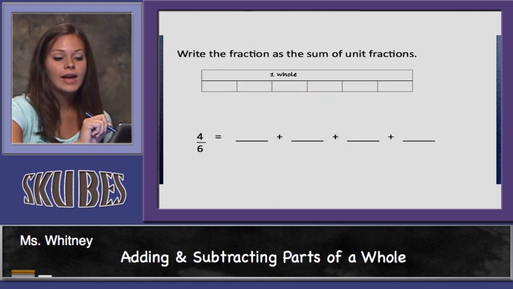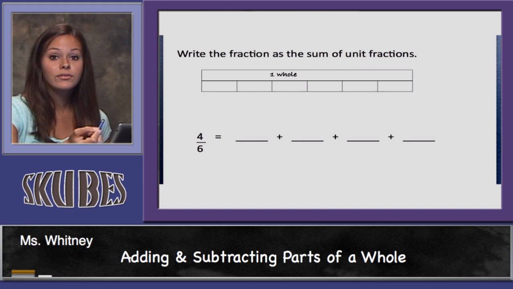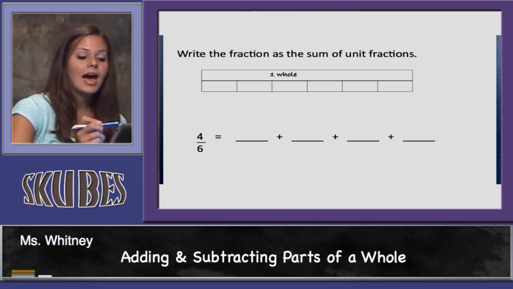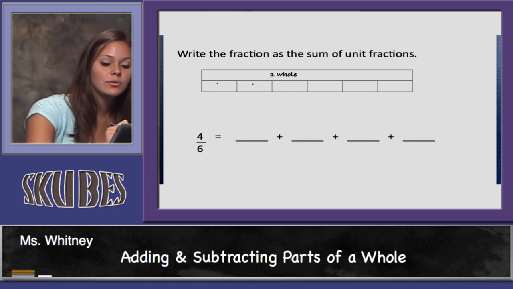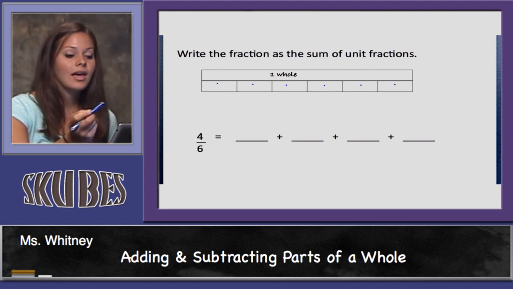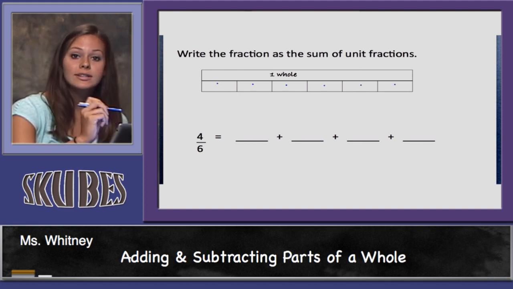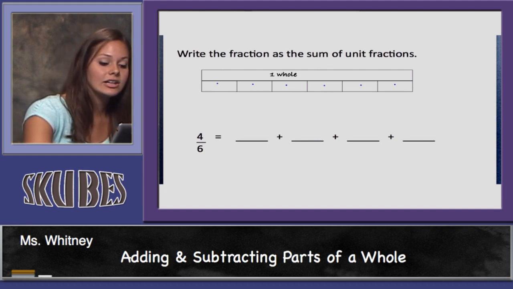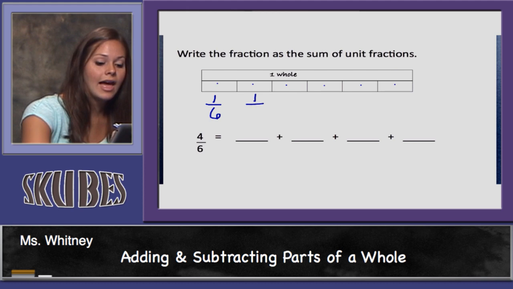Now we're going to write the fraction as the sum of unit fractions. I can see that I have 1, 2, 3, 4, 5, 6 pieces. I want to show 4/6. Each of my pieces is equal to 1 out of the 6.